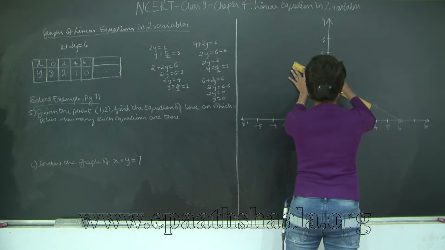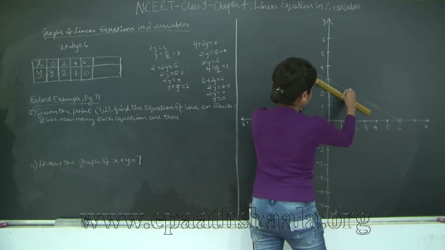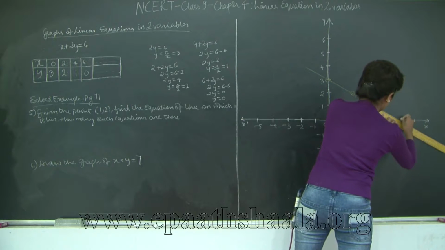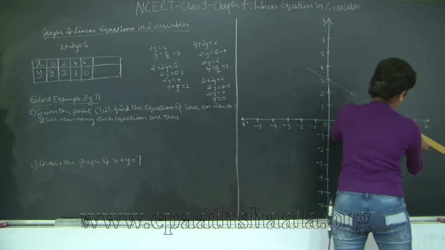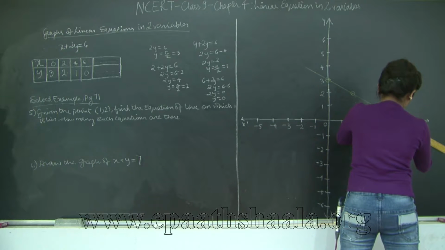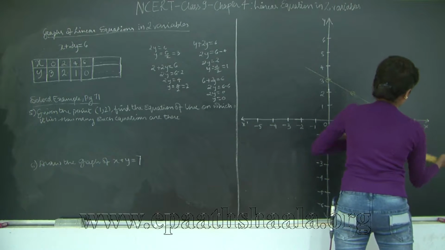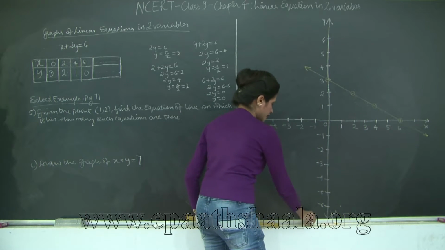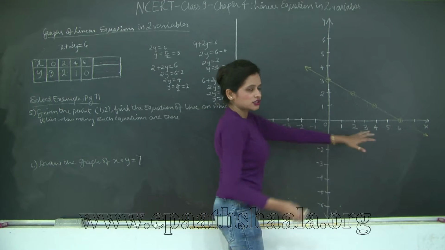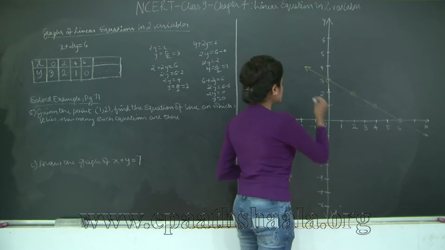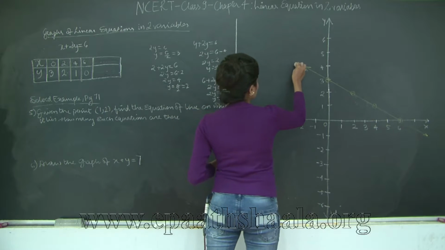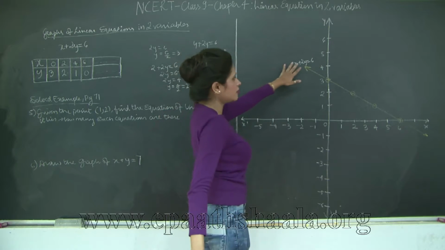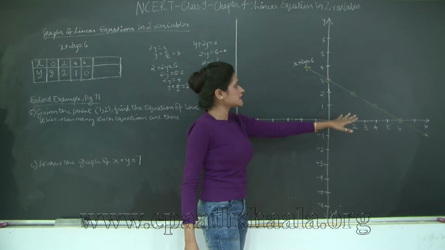So I'm just extending this line further. So I have plotted the points and I have connected them using a line. And once you have plotted your points and drawn the line, just mark the line. How are you going to mark the line? With the equation x plus 2y is equal to 6. So this line represents the equation x plus 2y is equal to 6.